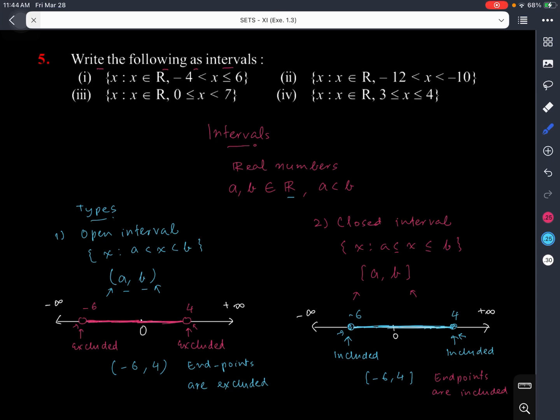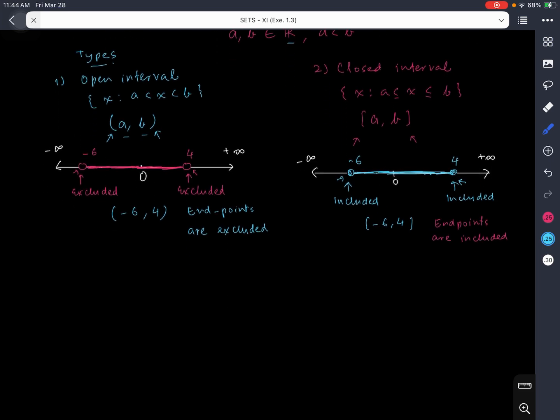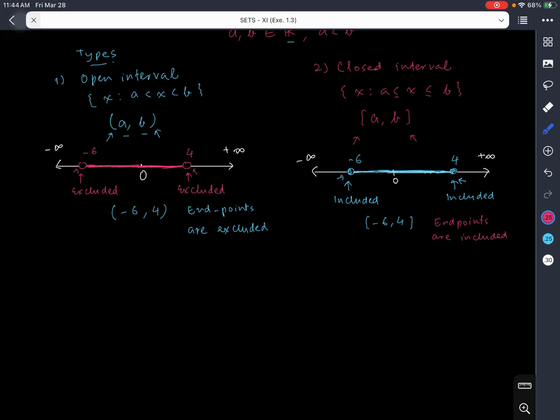So in first case meaning that the endpoints are not included, and in second case meaning that the endpoints are included. Now let us take two more examples where we are having semi-open and semi-closed interval.